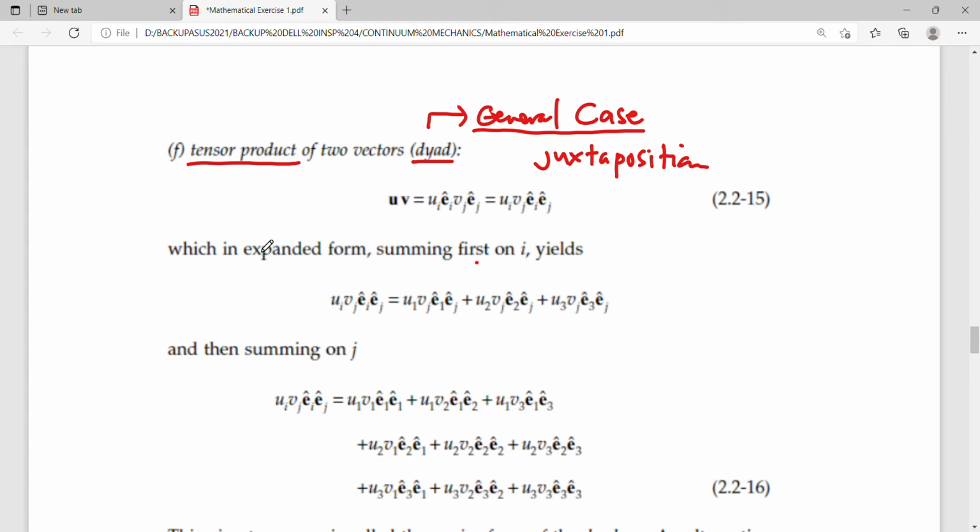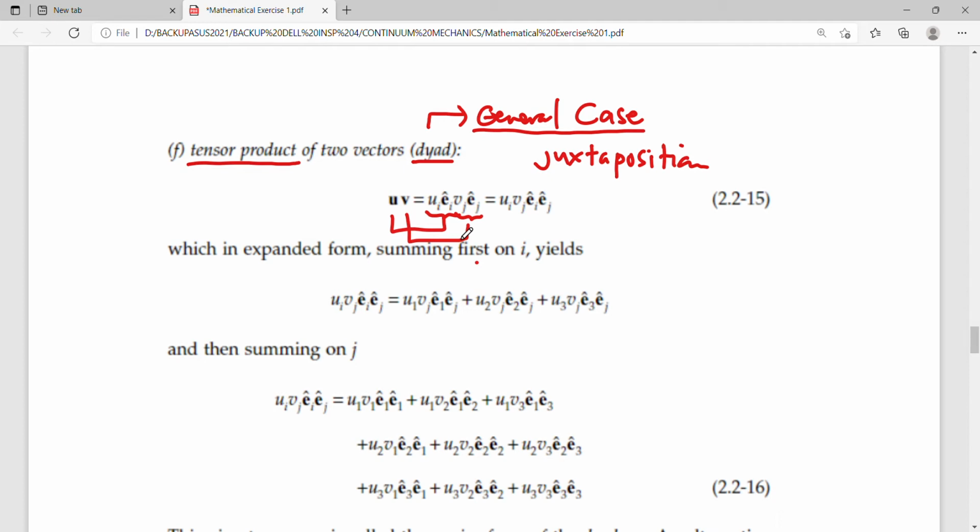Hence, if we have two vectors u and v, all we have to do is to place them side by side, defining the initial notations upon which your vectors are derived.